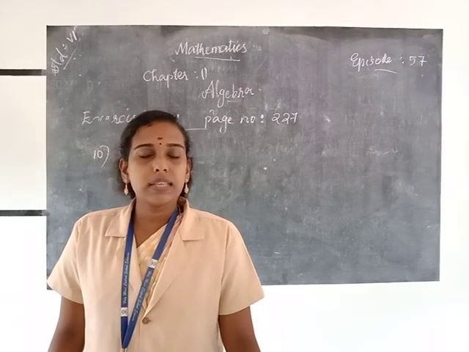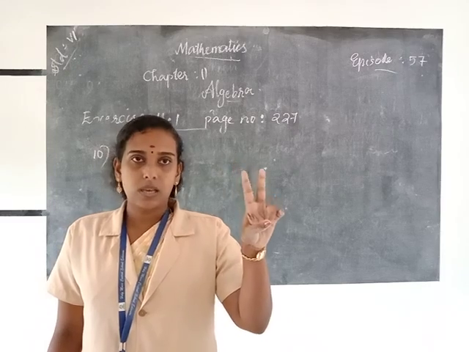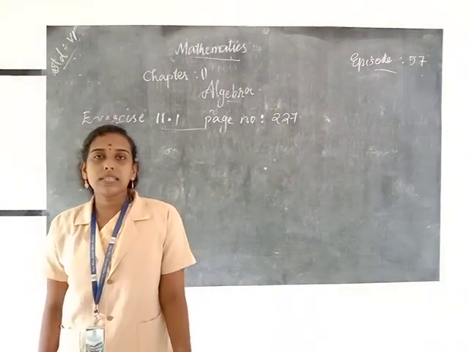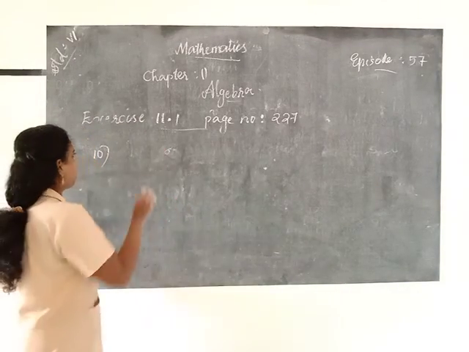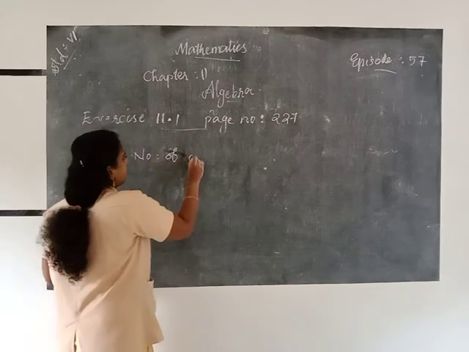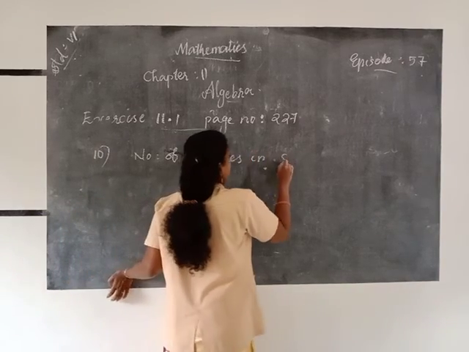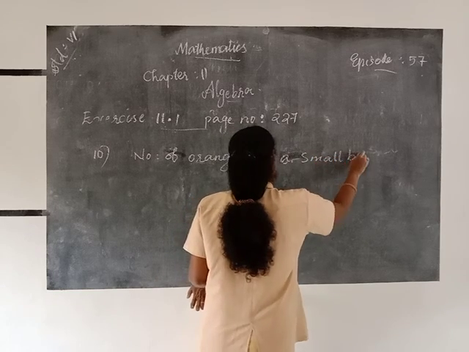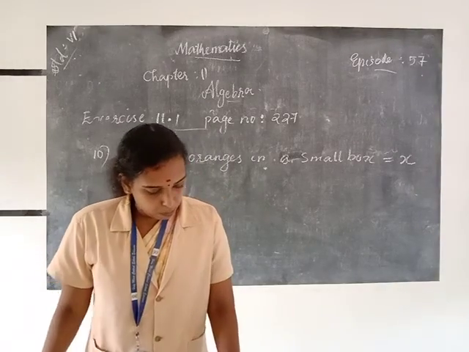The number of oranges in the large box is equal to the number of oranges in the two small boxes plus the number of oranges remaining. Here X is the number of oranges in a small box, and there are two small boxes.